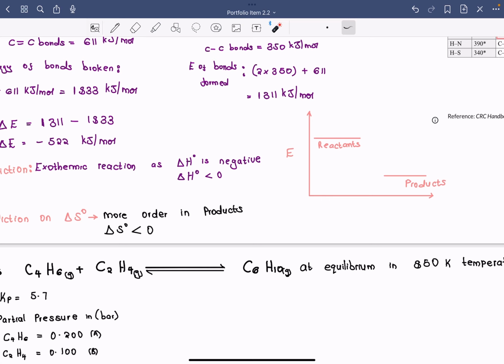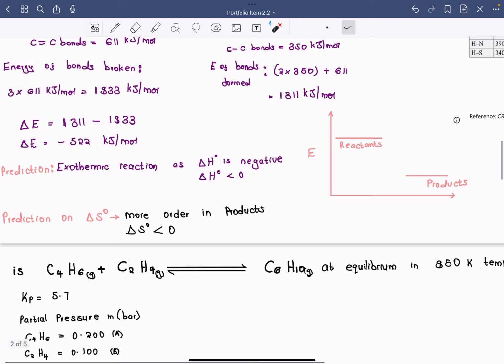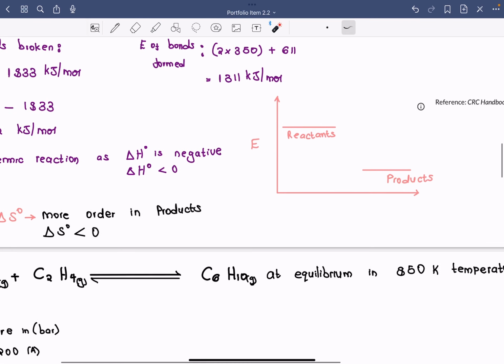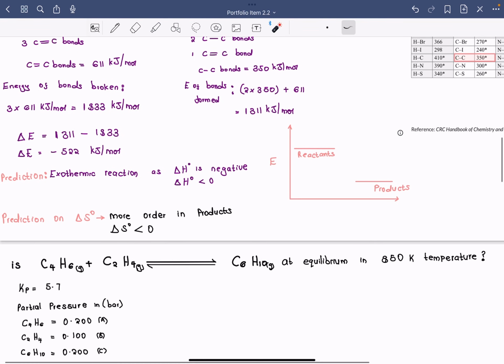And that's why in an exothermic reaction you feel the hotness, like when you touch a beaker that is containing an exothermic reaction, the beaker is going to feel hot. So the products are losing that heat, and that's why the products are low in energy.